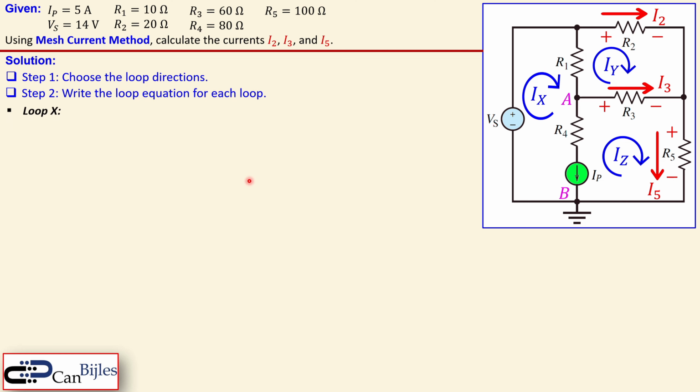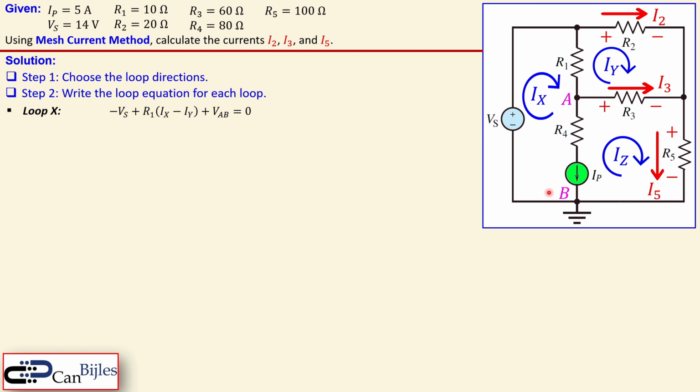So for loop X, what we do is we start at some point. You can also start here, it doesn't matter, you make a full circle. So I start at the ground, and I see first the minus Vs, so that's what I see first. And then that will be R1 times (Ix minus Iy), because Iy is in the opposite direction of Ix. That's shown here in the parentheses.